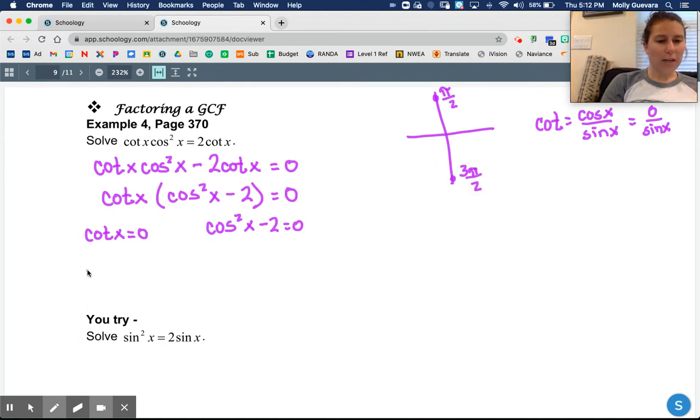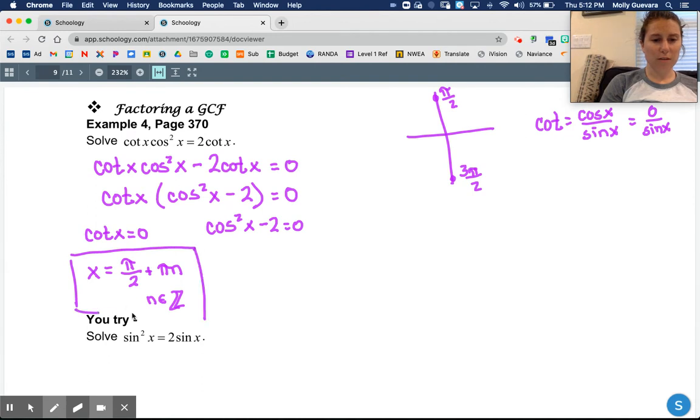So here x is equal to pi over 2 plus pi, plus pi, plus pi, so I can say plus pi n. And again, n has to be in the set of all integers. So there's the first one. This looks real messy, let me fix this. It looked like cursive or something. Pi n.